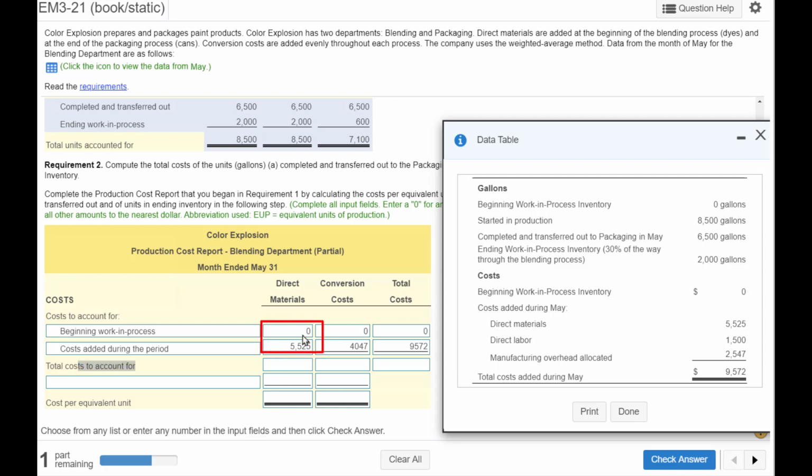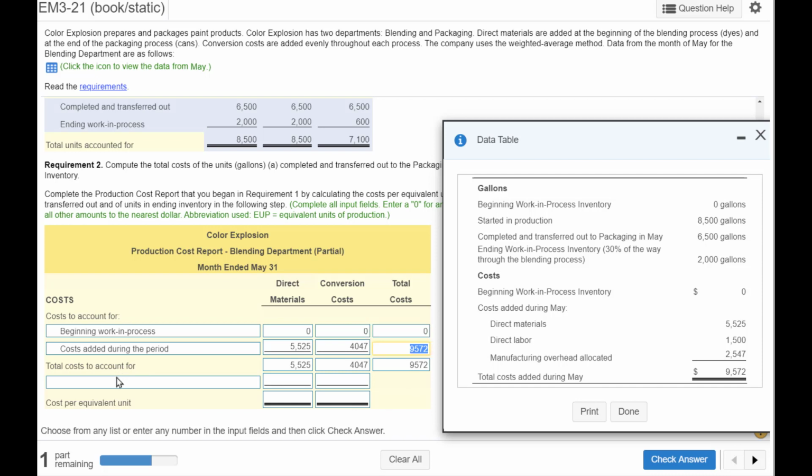You're just going to take the beginning work in process plus costs added during the period, which gives us the direct materials of 5525, conversion costs, copy and paste, and then 9572. Again, this is found by adding the beginning work in process plus the costs added during the period.